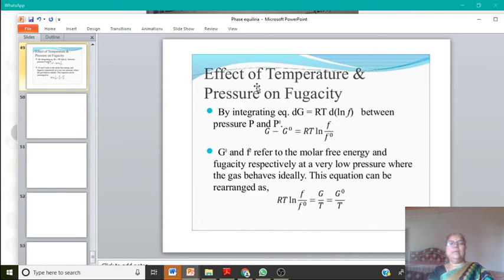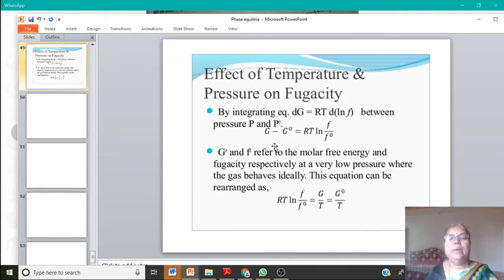Okay, and here the effect of temperature and pressure on fugacity. By integrating the equation dG is equal to RT d ln f between any pressure P and standard pressure P0, we get G minus G0 is equal to RT ln f by f0, that is fugacity at any pressure divided by fugacity at standard pressure condition.